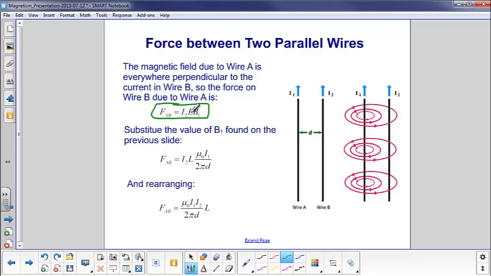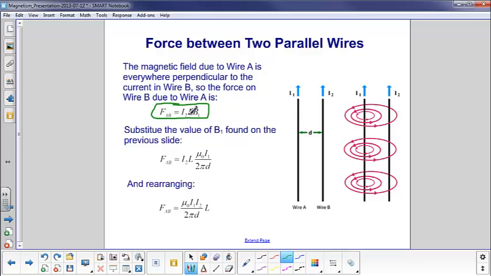First, we need the magnitude of I2. You can see here that's I2. We have the length of wire 2, which is L. That's not on the diagram, but it's this distance from here to here. And the magnetic field due to wire A, which is B1.